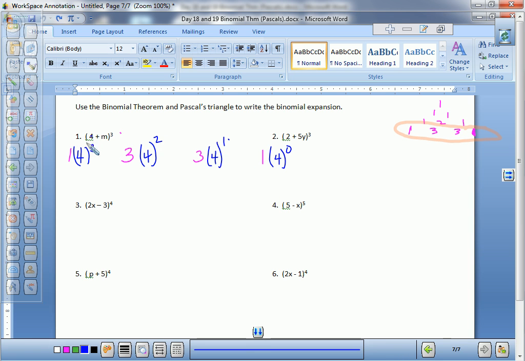Okay, so we do that with the first term. And then we do the same thing with the second term, but we go in the opposite direction. We go 0, and then we go up 1. Then we go up 1. Then we go up 1. And then we do the sum of all of these products.